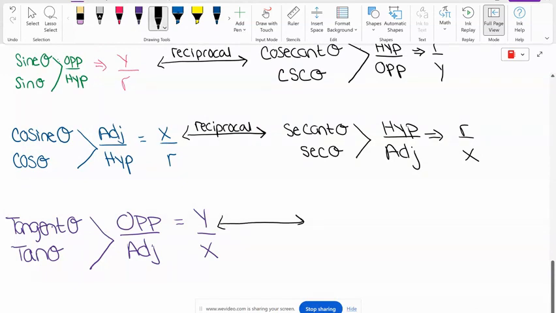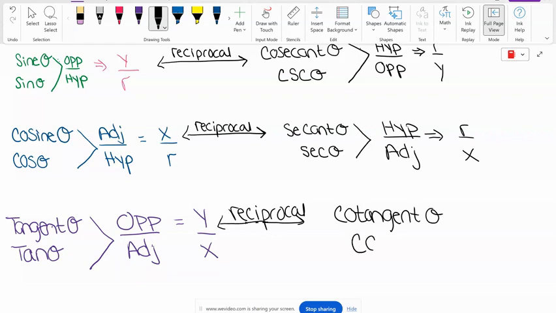Just like the other two, there is a reciprocal function, which is going to be cotangent, which we shortcut as COT.